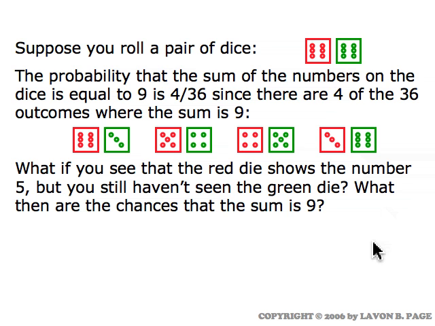Now imagine this situation. Suppose you see that the red die shows the number 5, but you haven't seen what number is on the green die. Based on that additional information, what then are the chances that the sum on the 2 dice is 9?